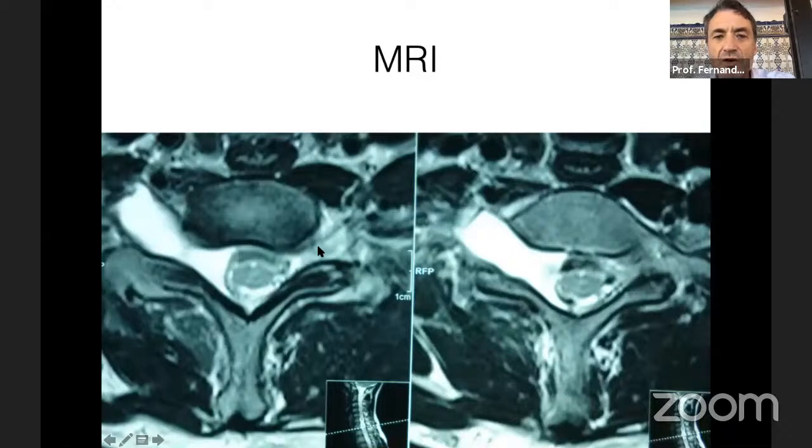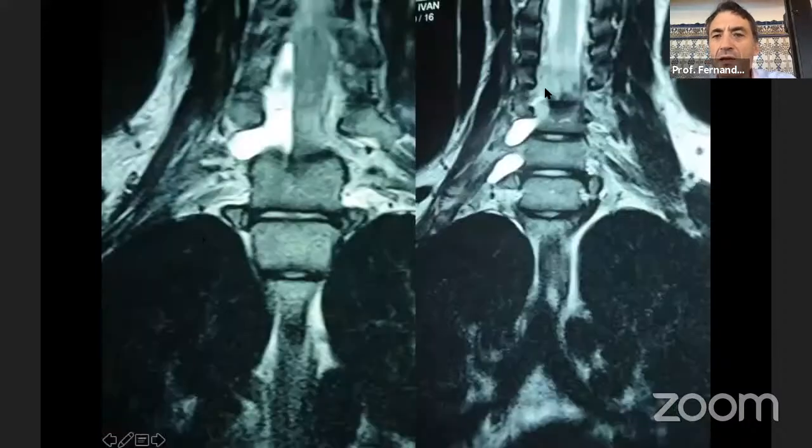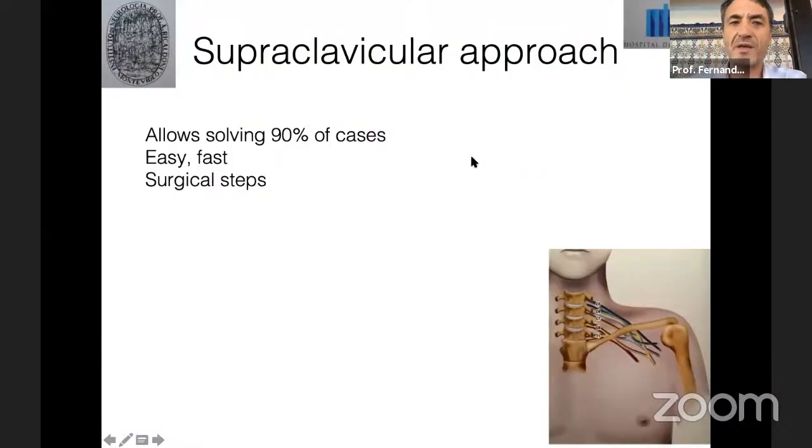On this side, we can observe the normal nerve, and on this side, we can observe the pseudomeningocele going through the neuroforamen. We can see here cerebrospinal fluid, but not nerve. And in this MRI, we can also see the same. Here is the brachial plexus. Here, cerebrospinal fluid in the location of the brachial plexus. So this is the most frequent pattern of brachial plexus lesion.